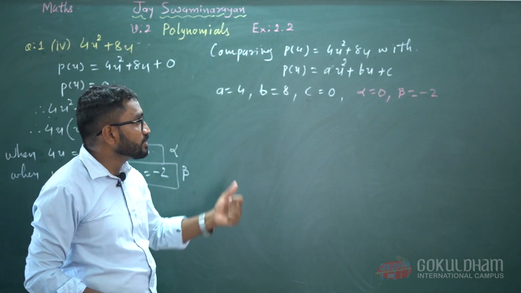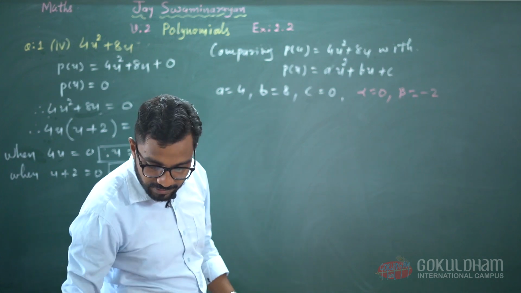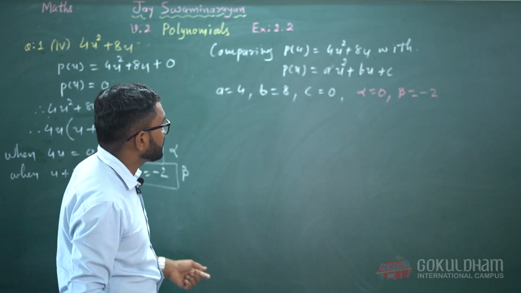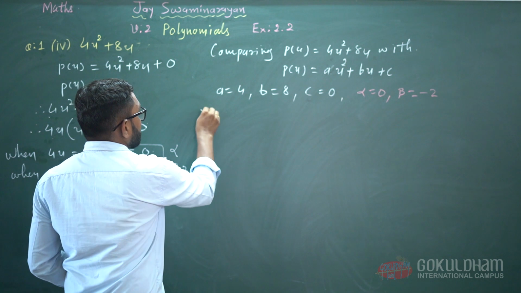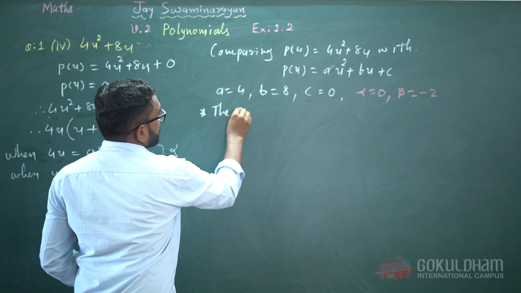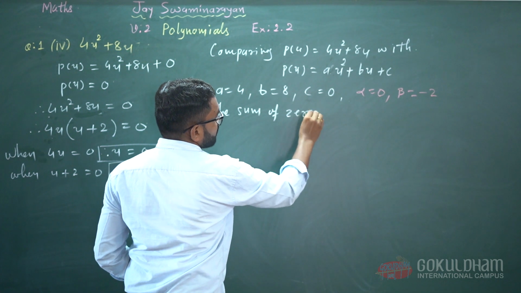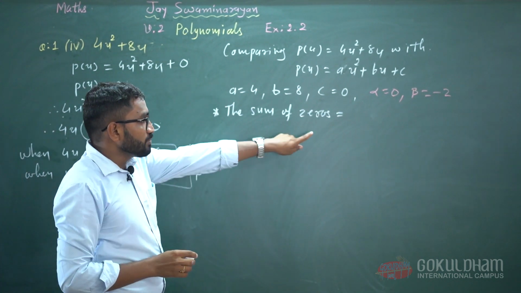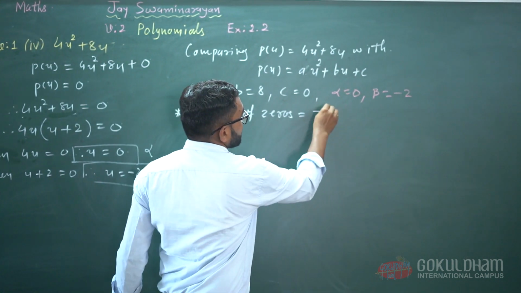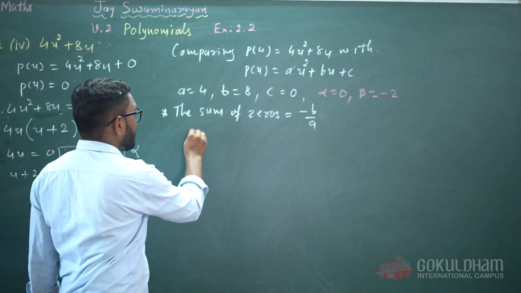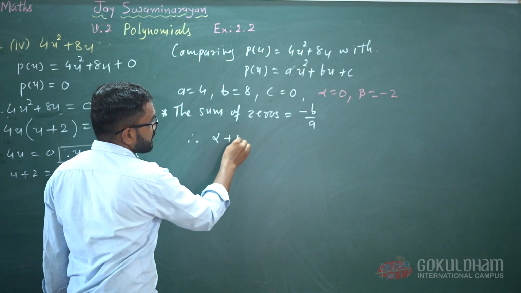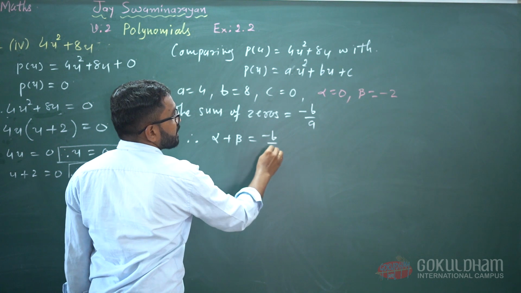Now verify the relation between zeros and coefficients. Our first step is the sum of zeros. Sum of zeros means minus b by a. Therefore alpha plus beta equals minus b by a.